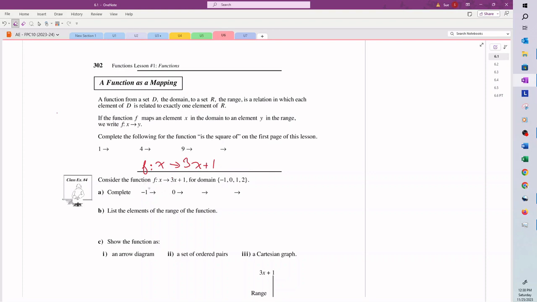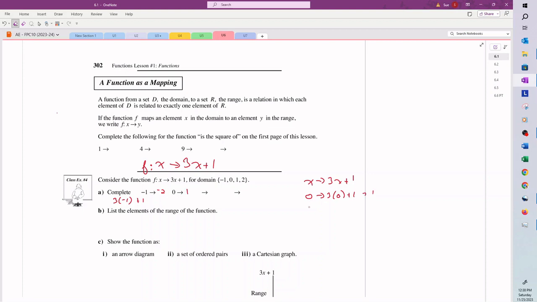So if we use this notation for -1, then this is our x value. We're taking our -1, and then we're going to do 3 times -1 plus 1, which is -3 plus 1, which is -2. Then over here, 3x plus 1. So we take our 0 and we go 3 times 0 plus 1, and that equals 1.